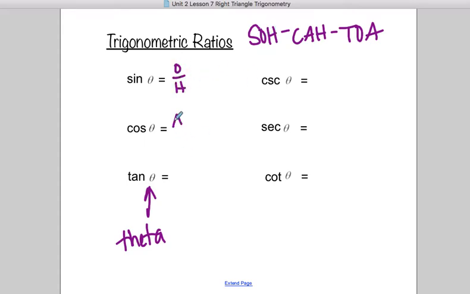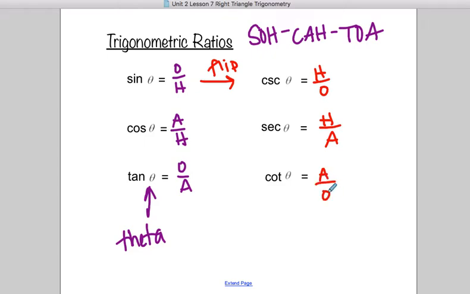Cosine is adjacent over hypotenuse. And tangent is opposite over adjacent. And then these, they're the reciprocal, so you flip them. Cosecant is hypotenuse over opposite. Secant is the reciprocal of cosine, hypotenuse over adjacent, and cotangent then is the reciprocal of tangent, so adjacent over opposite.